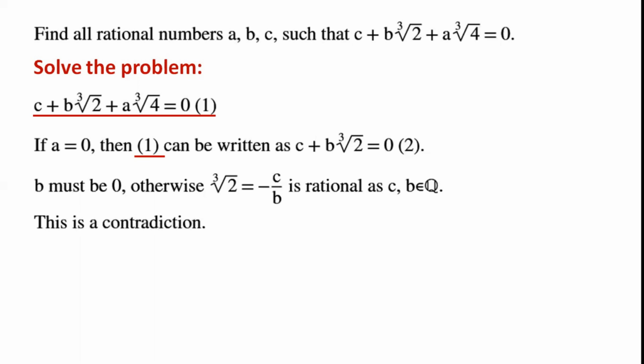This is a contradiction. Thus, from equation 2, we have c equals b equals 0.